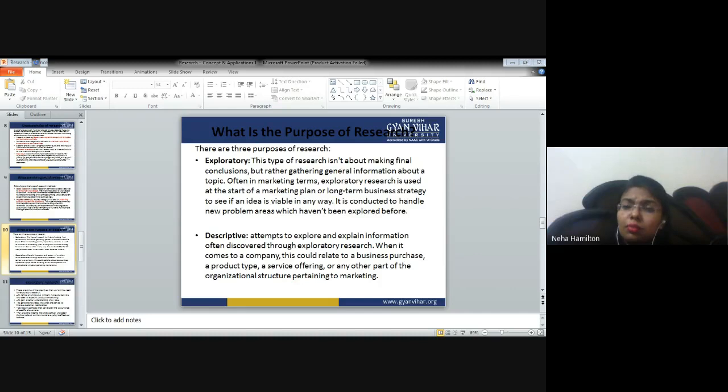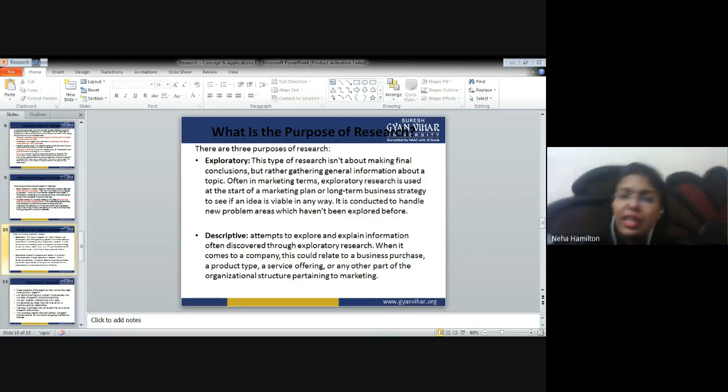So, whenever you are clear with the variables and whenever you have got the direction in exploratory research, descriptive research is the next step, when you could relate to a product type or service offering or any part of the organizational structure pertaining to marketing or sales or human resource or production and operations. Any part of the business can deal with descriptive research.